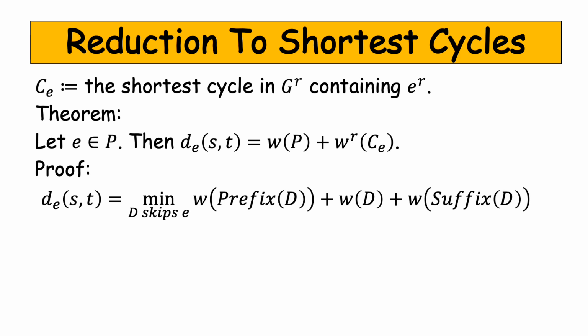So why is this true? The distance from S to T in the graph G minus E is equal to the weight of the minimal replacement path. And we can assume that the replacement path is of the form prefix, D, suffix.